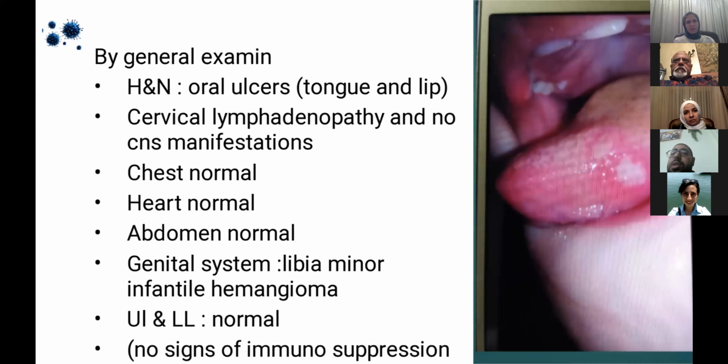By examination, the head and neck showed oral ulcers on the tongue and lip and cervical lymphadenopathy, with no CNS manifestations, no history of convulsions, and no disturbed conscious level.